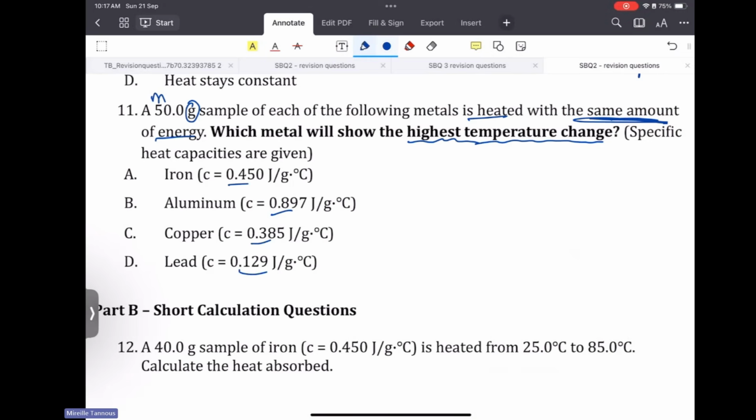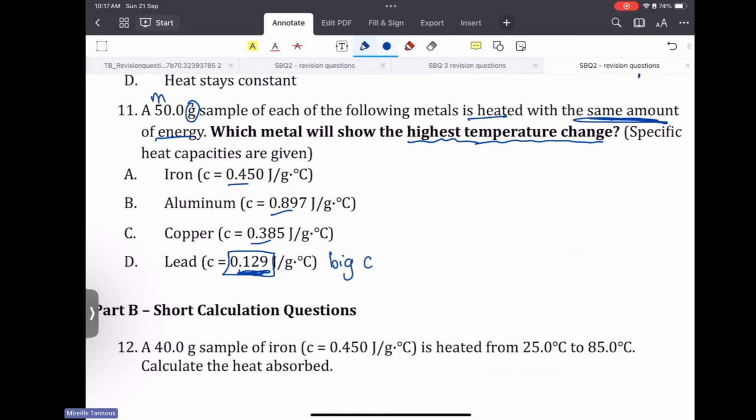Now, every metal will absorb energy in a different way, in a different amount, and change in the temperature. The one that requires the least amount of energy will change a lot.